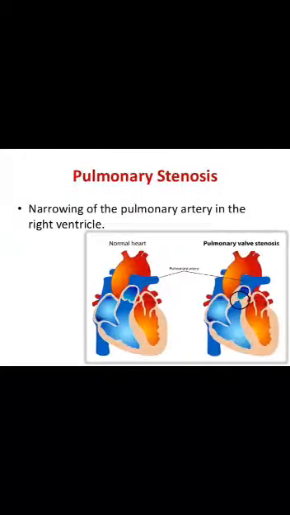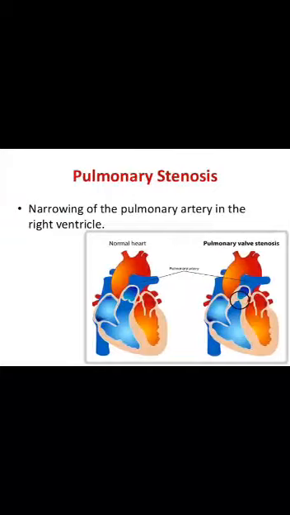So first is pulmonary stenosis. In pulmonary stenosis, there is narrowing of the pulmonary artery from the right ventricle. You can see this image, with a circle on pulmonary stenosis, and the normal heart.